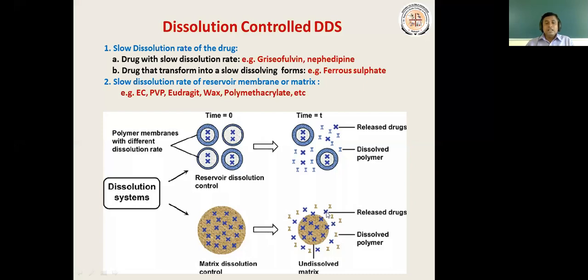As it is released, it is absorbed and gives a prolonged effect. So the drug release from this matrix system is controlled by the dissolution of the polymer. This is the second type of system, the matrix type of system.